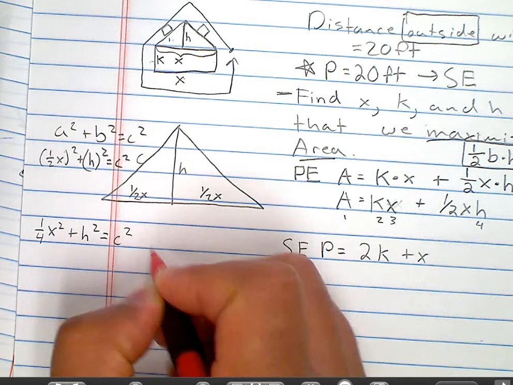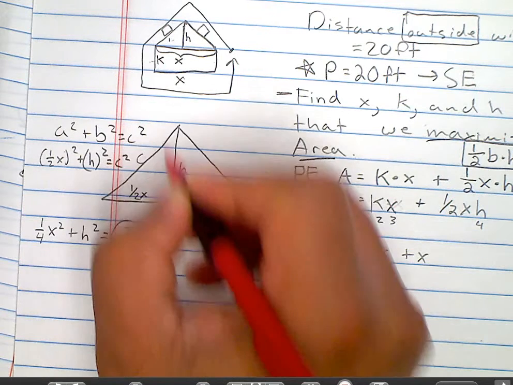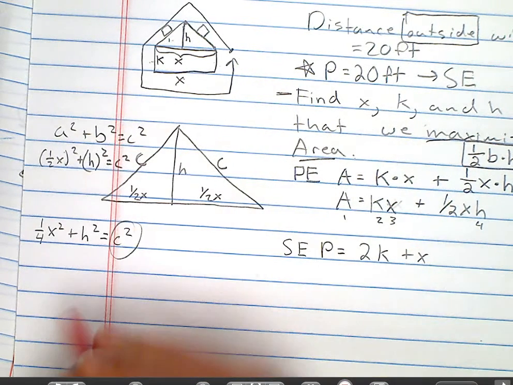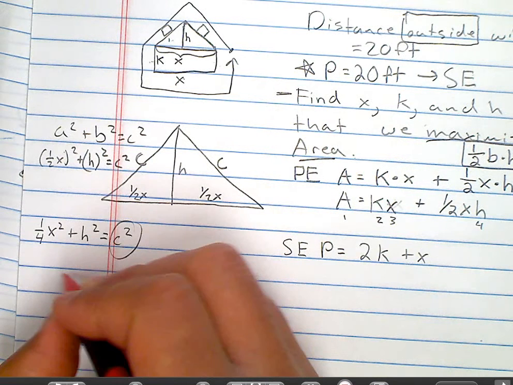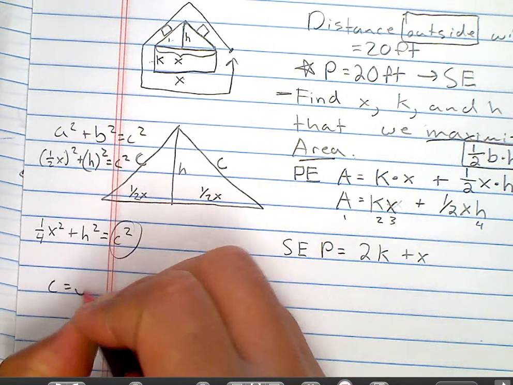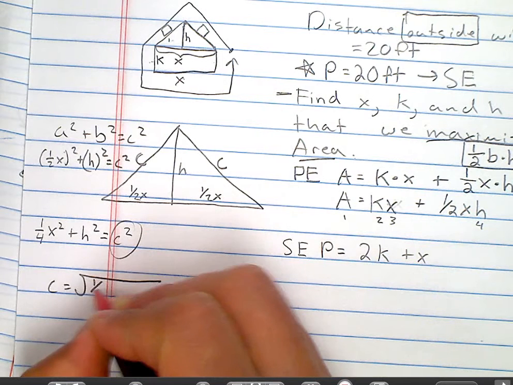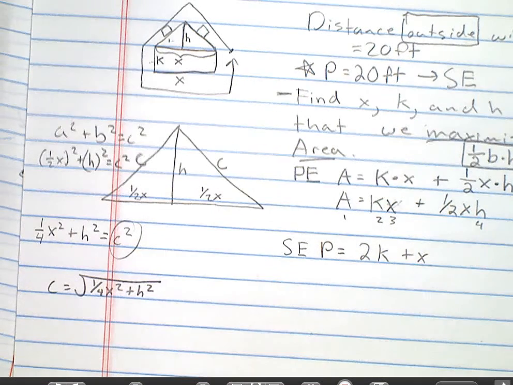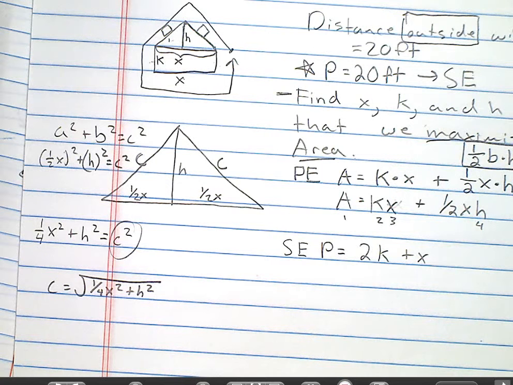All right, so we want to solve for c. We square root both sides, and c is equal to the square root of 1/4 X squared plus H squared. So there's our c.